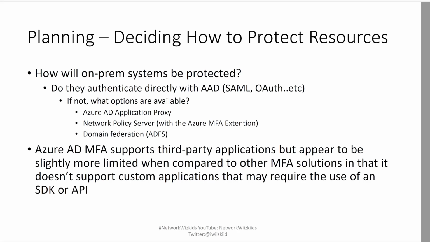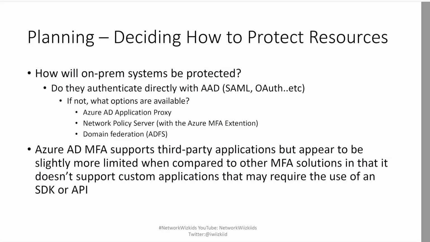So once we've decided where the applications are, on-premise, hybrid or cloud, and we've got an idea of the sort of authentication methods we want to use, we then need to decide how we're actually going to protect these resources. We need to look at things such as how on-premise systems will be protected, especially if they're custom applications that are being built in-house.